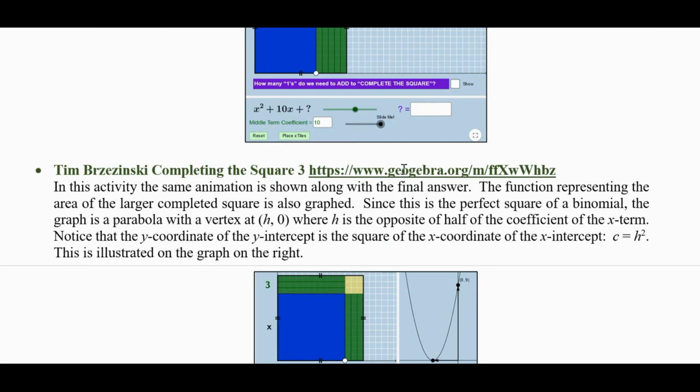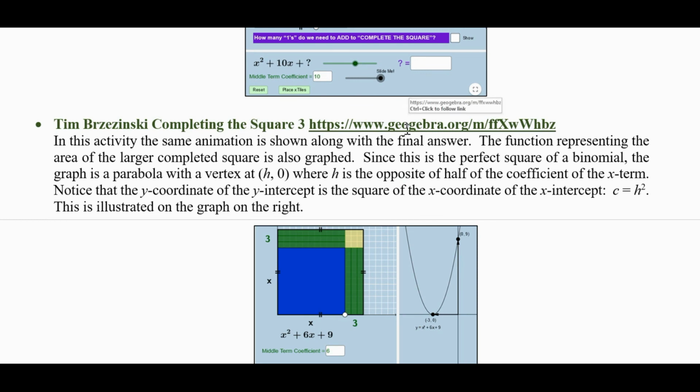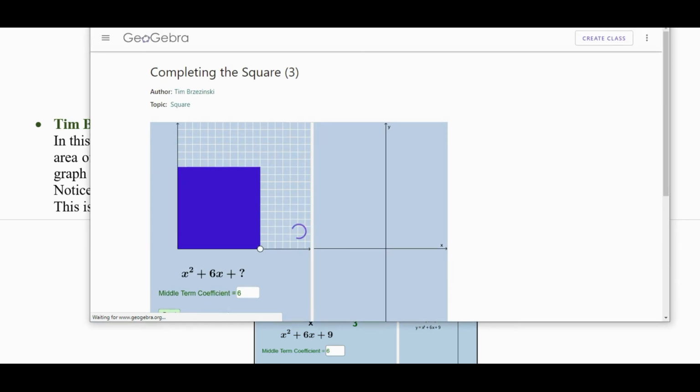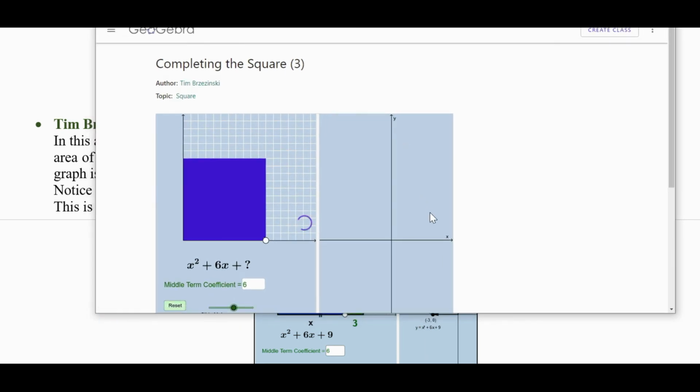All right, let's take a look at this next one. Similar thing. This is actually the same thing over here on the left, but it also puts something else on the right here.